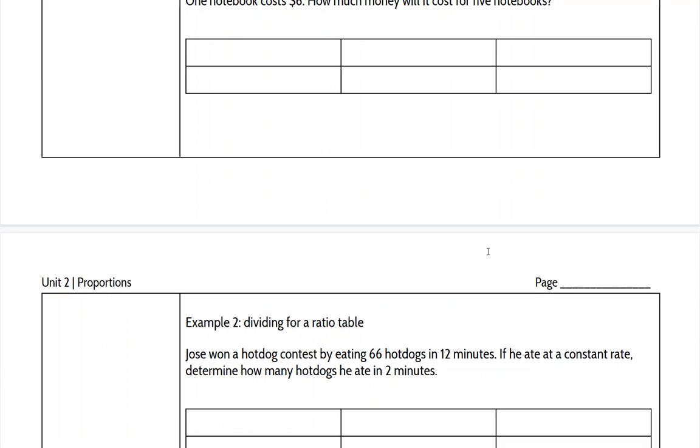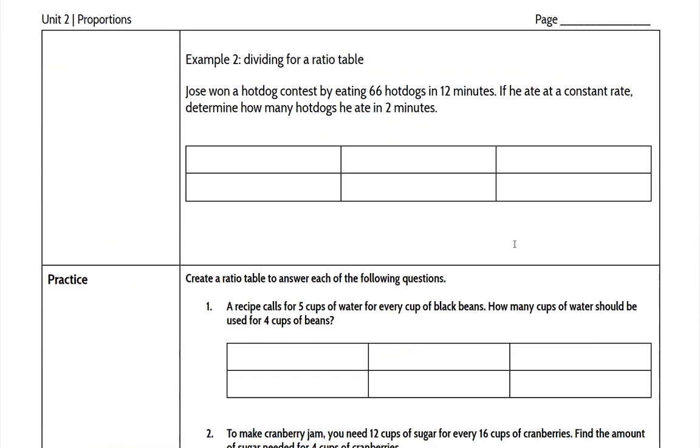Let's try another example where we're going to divide. All right, we have Jose who won a hot dog contest by eating 66 hot dogs in 12 minutes. That's pretty awesome. If he ate at a constant rate, determine how many hot dogs he ate in 2 minutes. All right, so we've got hot dogs, which are delicious. I like hot dogs.